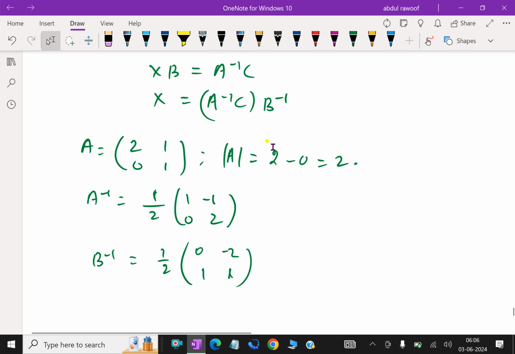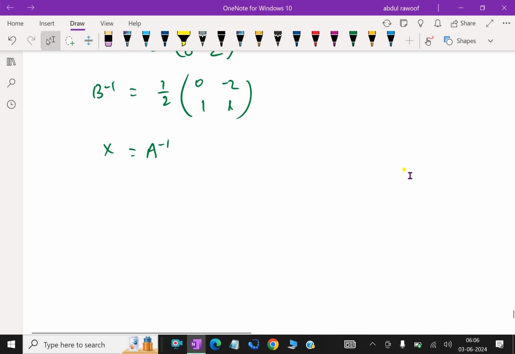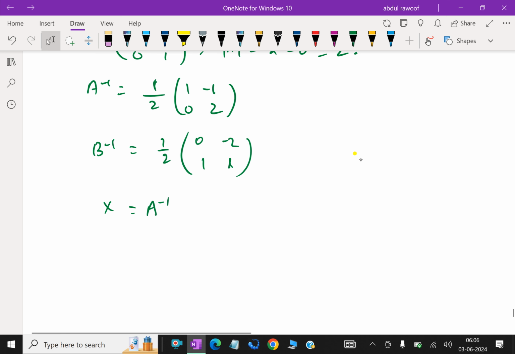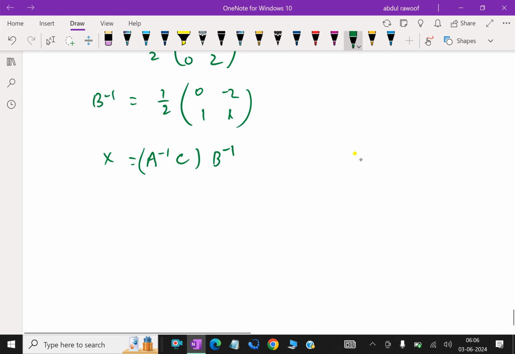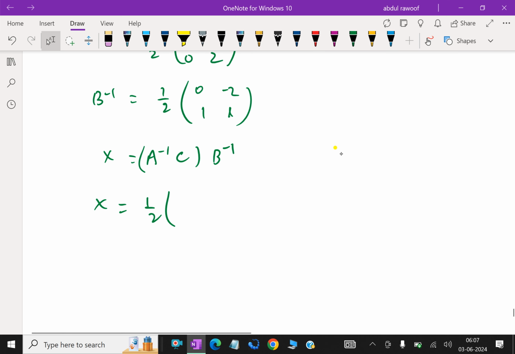Then we have to substitute in the relation x equals A inverse C B inverse. We'll substitute the values, that is A inverse equals half [1 -1; 0 2].